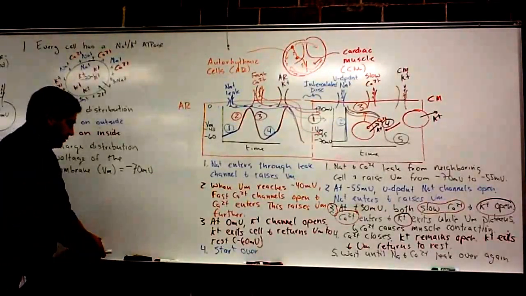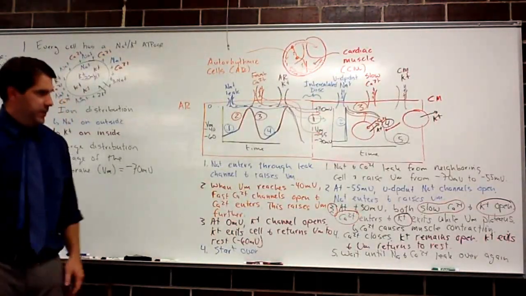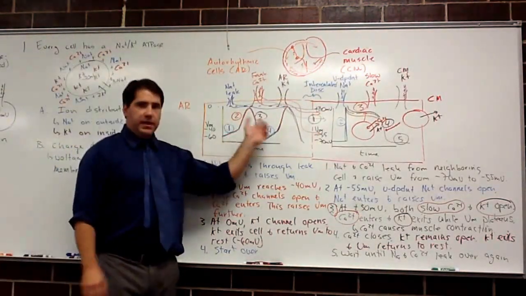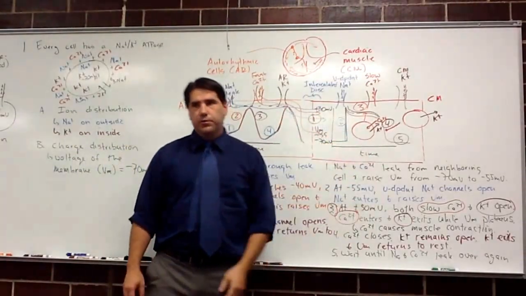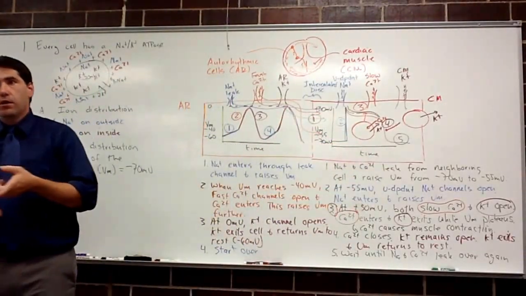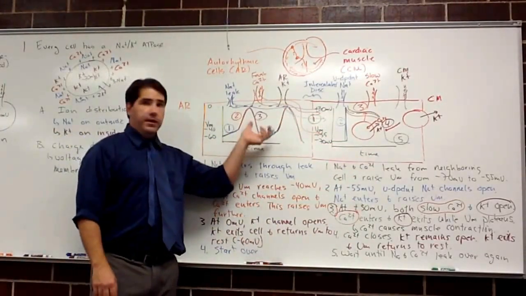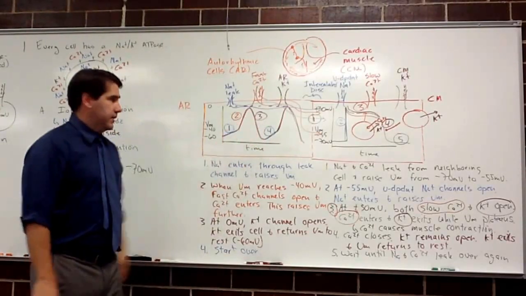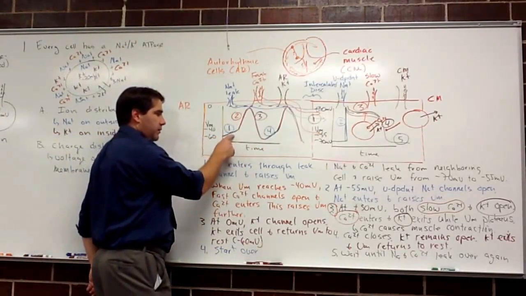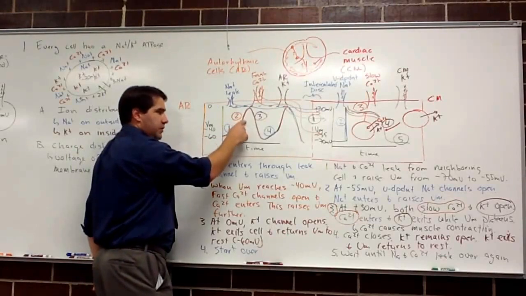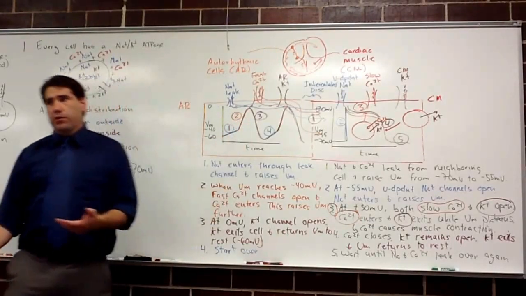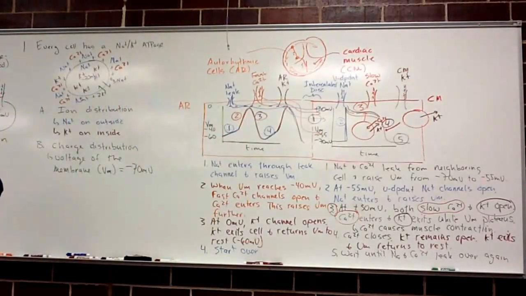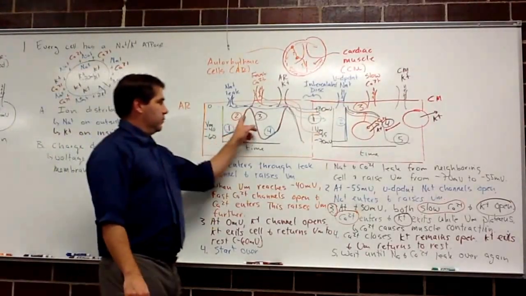And the reason you want it to make sense is because you will need to understand this action potential and this action potential, because you will need to come up with a drug, a cardiac drug, that affects heart rates. And how that's going to do it is it's going to affect either the sodium channel, this calcium channel, or this potassium channel. If you're looking up drugs and you see that it's affecting heart rates, it must affect one of those channels.